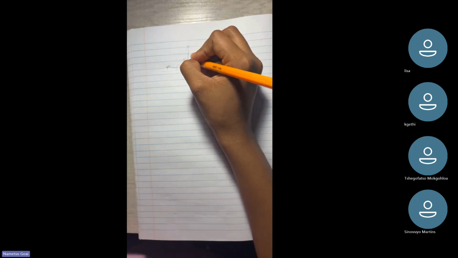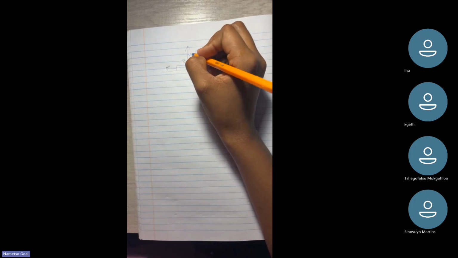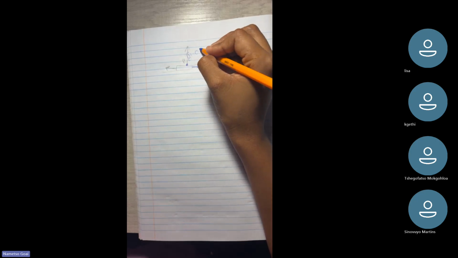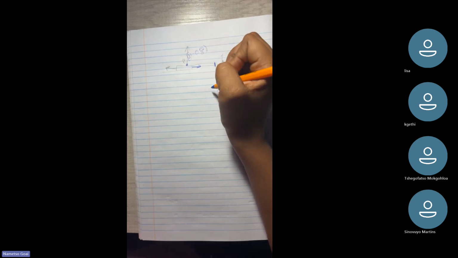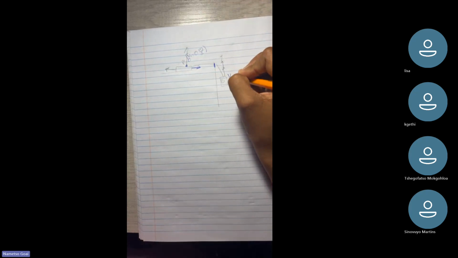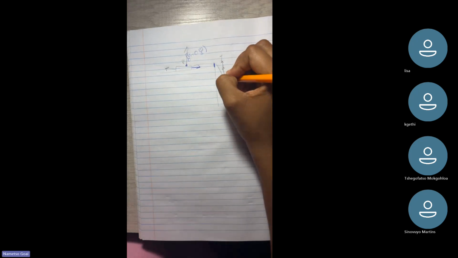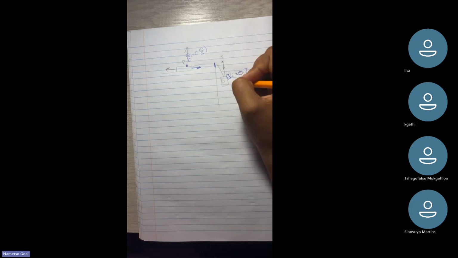If they say block A is standing still because initially it was at rest, that means our VI equals 0 meters per second. If the initial velocity is 0, block B's initial velocity is also 0. So there's no acceleration.